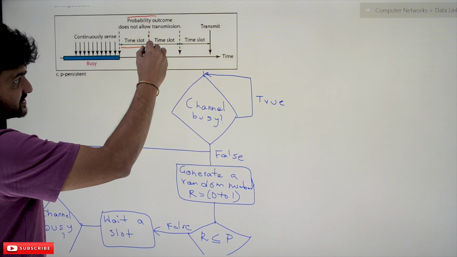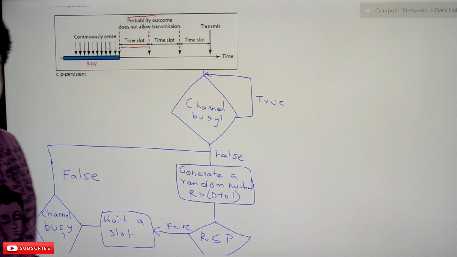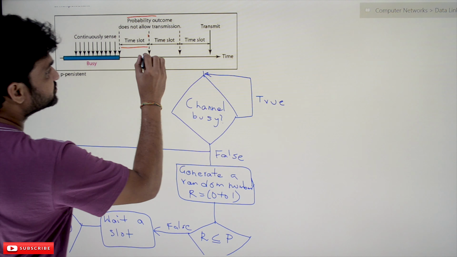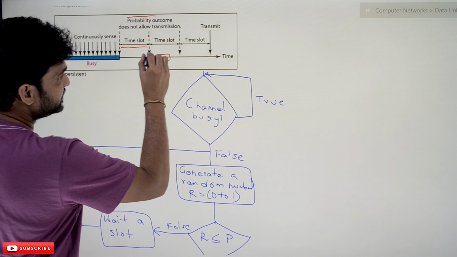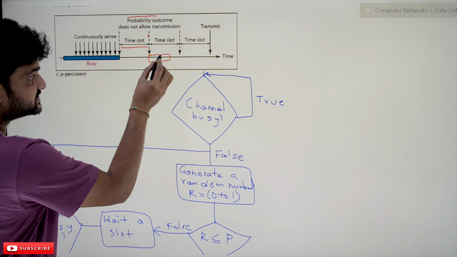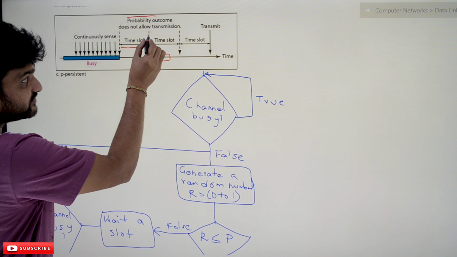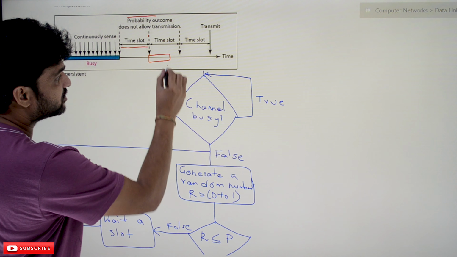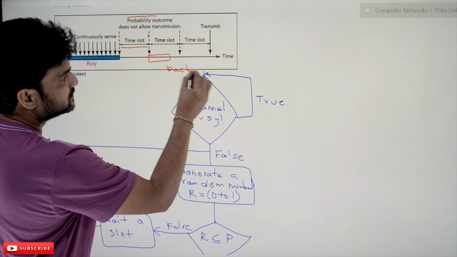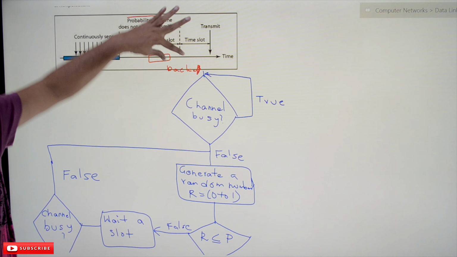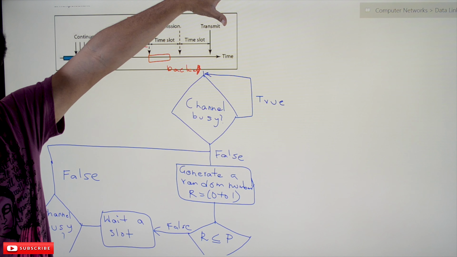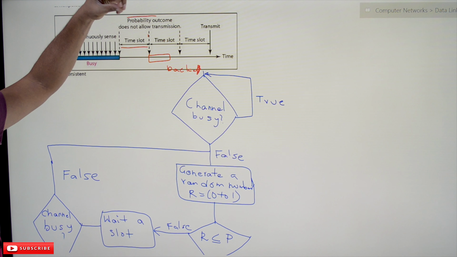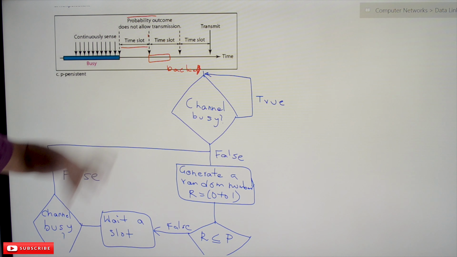and if it identifies that the channel is idle, it transmits. But assume that after the time slot the channel is busy. Then it will wait for the back off time, which we have already discussed in our previous videos on Aloha, under the assumption that a collision has occurred.